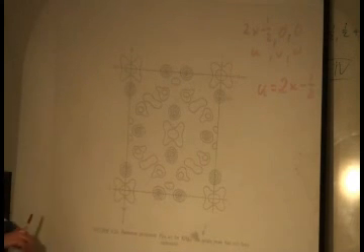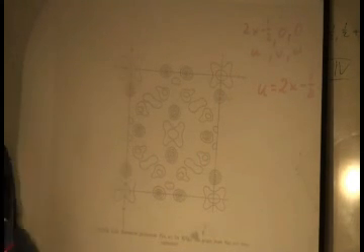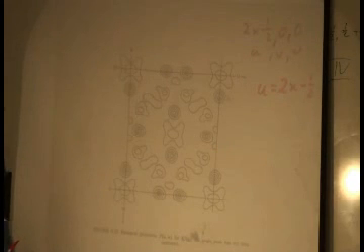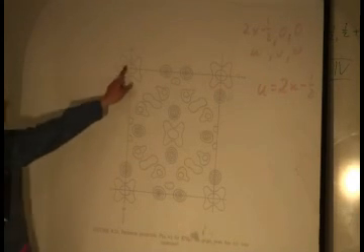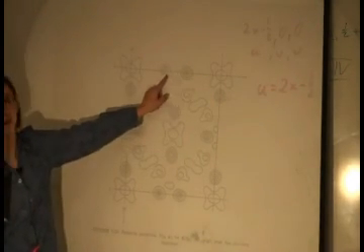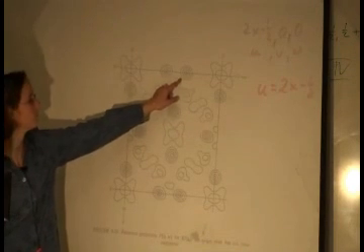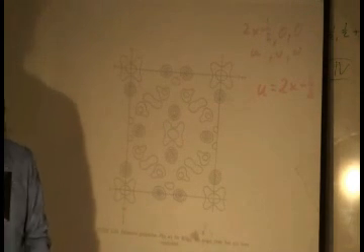Now if we look at this Patterson map, the projection in UW, then we have to ask, do we see any peaks where W is equal to 0? Well, it looks pretty good, right? There are 2 peaks up here.